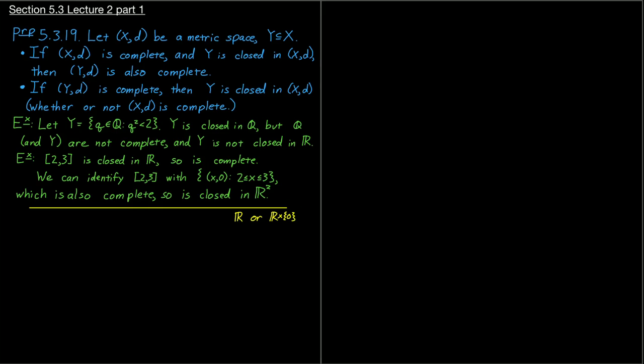And if you take any closed subset of this line, then it's also going to be closed in R2. Because the real numbers are complete, any closed subset of the real numbers is complete.